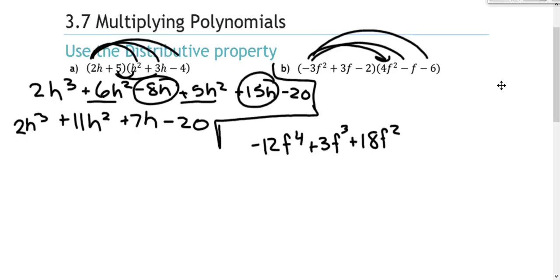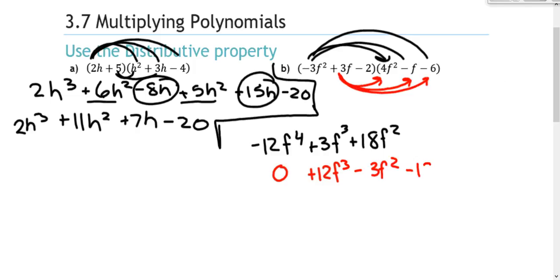Now that was the first line. We do the second one in a different color. You don't have to. So then that gives me 12f cubed. So I'm not going to put anything here. I'm going to put 0 and then plus 12f cubed minus 3f squared minus 18f.